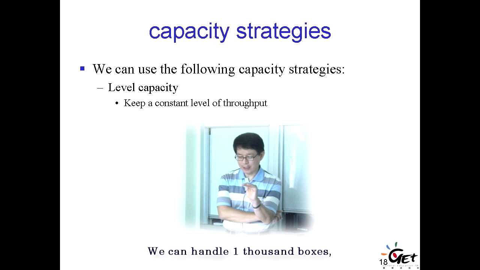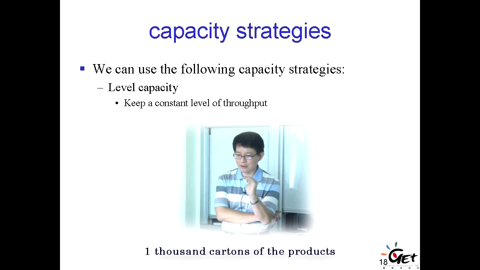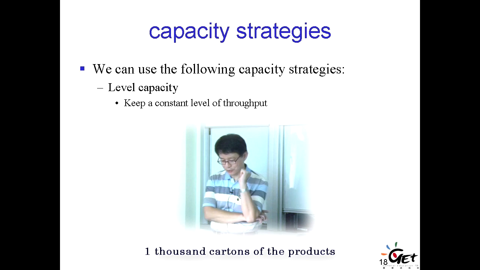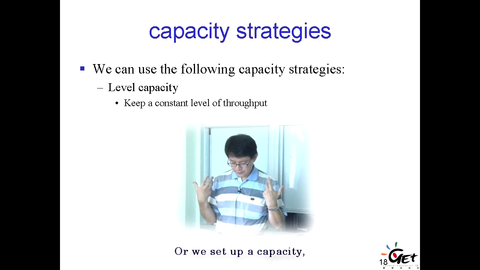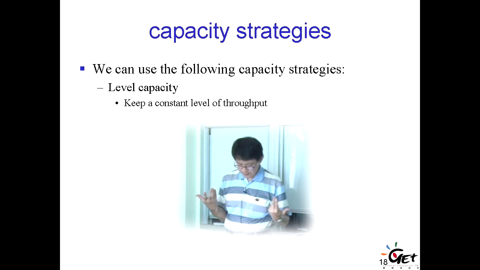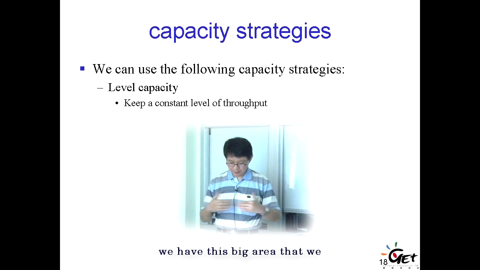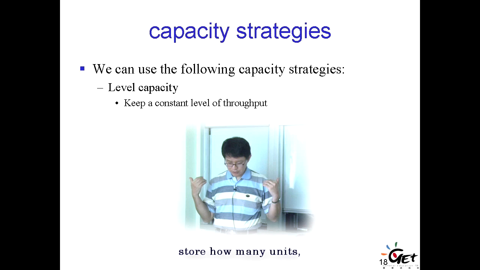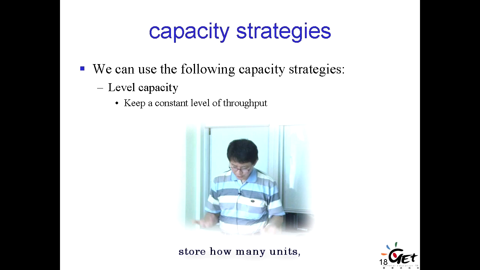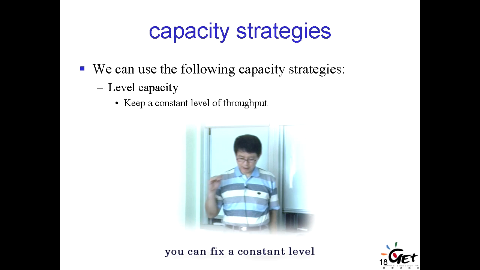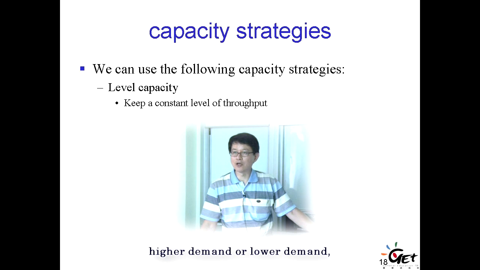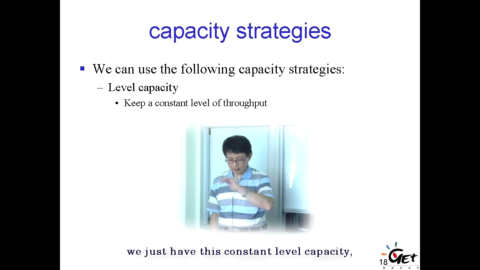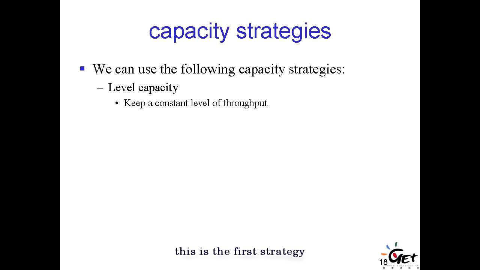Okay, we can handle 1,000 boxes, 1,000 cartons of the products. So that's a fixed capacity. Or we set up a capacity, so we have this big area that we can store a number of units. Right? That's a fixed, constant level. No matter whether we have higher demand or lower demand, we just have this constant level of capacity. This is the first strategy.